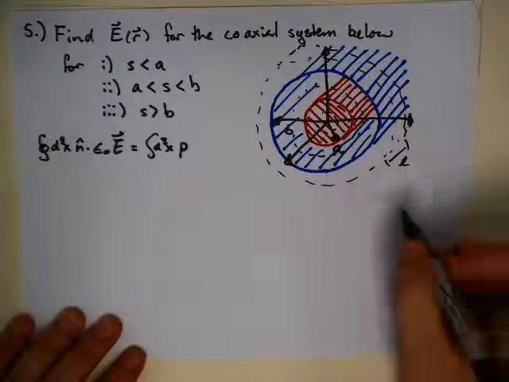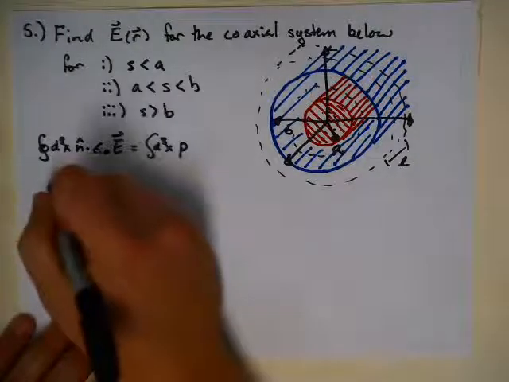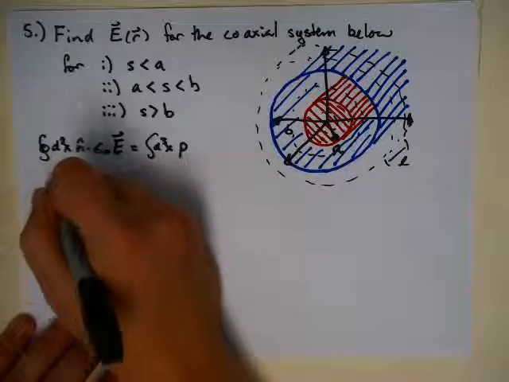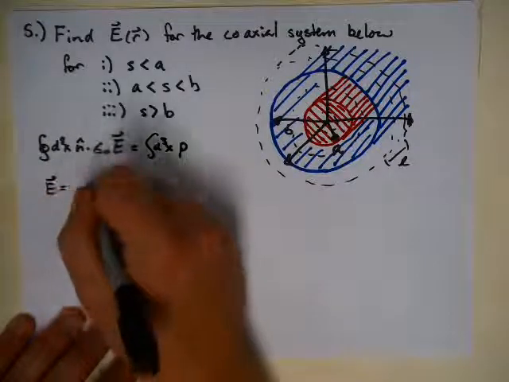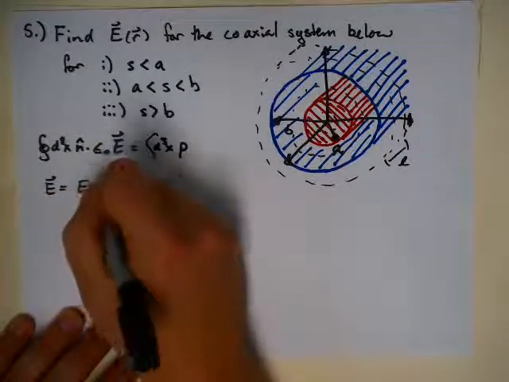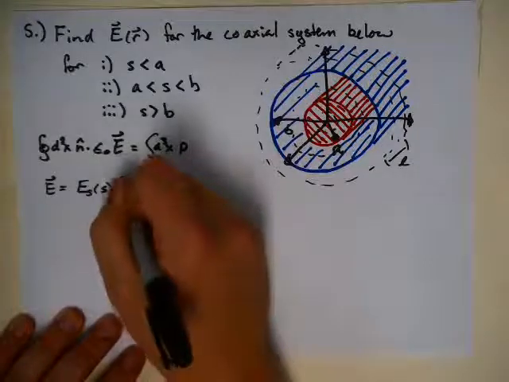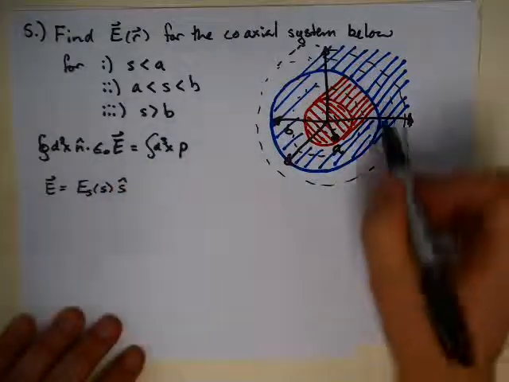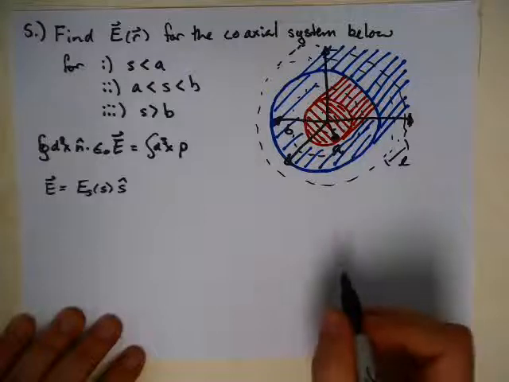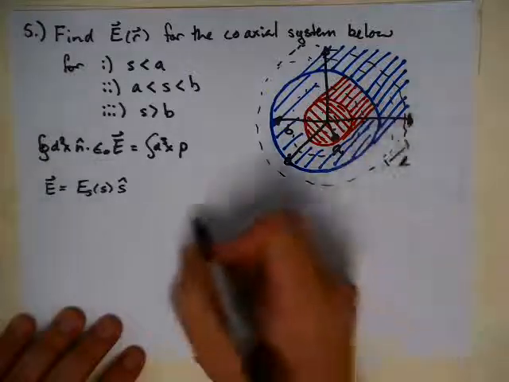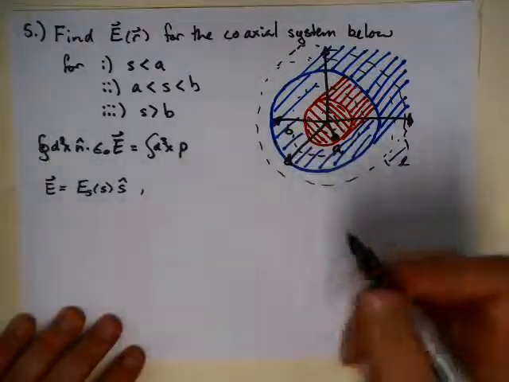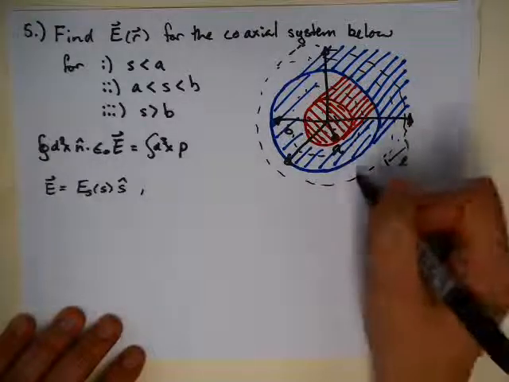For simplification, since we have a nice cylindrically symmetric system, we are going to make the statement that the electric field is only in the outward s hat direction, pointing radially outward from the center of the cylinder. And we're going to have three normals, right?